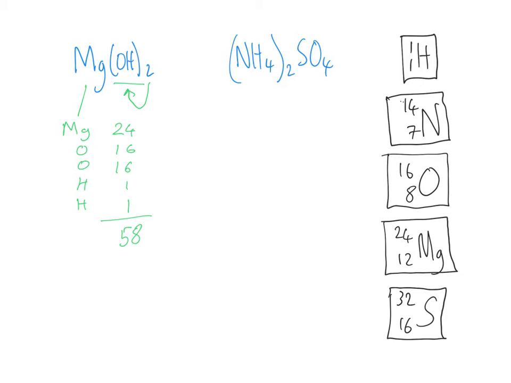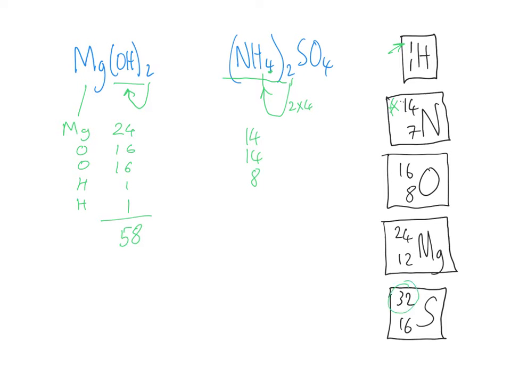In the same way, on the right-hand side over here, we've got ammonium sulfate, and just like before, we've got a 2 outside the brackets, which means we've got 2 of everything inside the brackets. So we've not got 1 nitrogen with a relative atomic mass of 14, we've got 2. So it's 14 and 14 for the 2 nitrogens. We've not got 4 hydrogen, we've actually got 2 lots of 4 hydrogen, which gives us 8, because that 2 multiplies the hydrogen by 2, and we already had 4 inside the brackets, so 4 times 2 is 8.